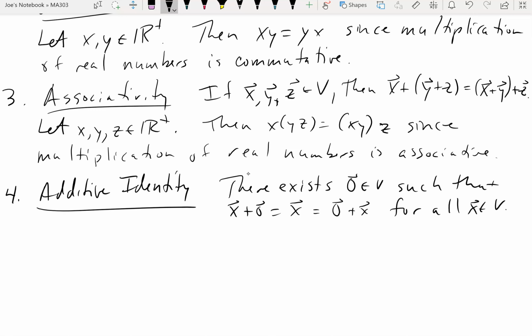Well, you already told me this, right? Because addition here is really just multiplication, so the zero vector is going to be just what? 1. Good. So let's consider 1 in the positive real numbers. Certainly 1 is a positive real number, right? Notice I'm making the identification.